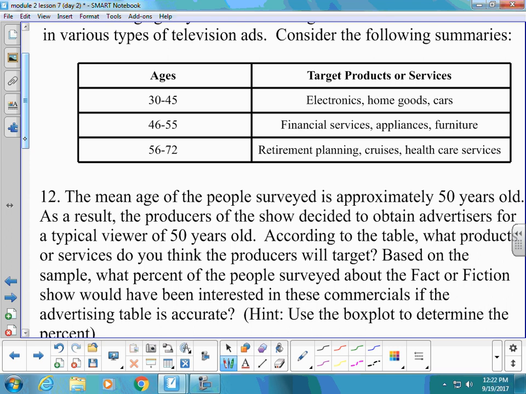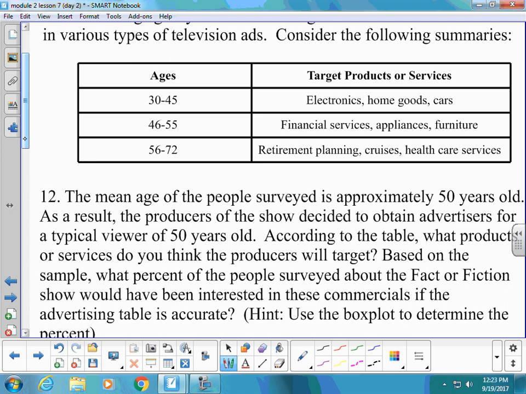So we got ages 30 to 45, and the target products are electronics, home goods, and cars. 46 to 55-year-olds, the target products are financial services, appliances, furniture. 56 to 72-year-olds, and the target products, these are for advertising, are retirement planning, cruises, and healthcare services.